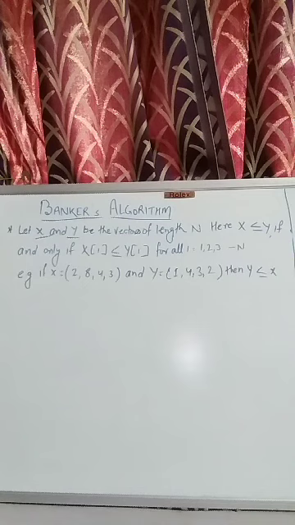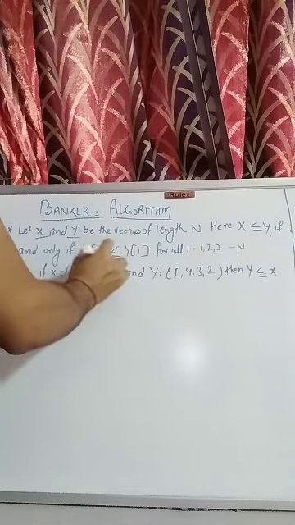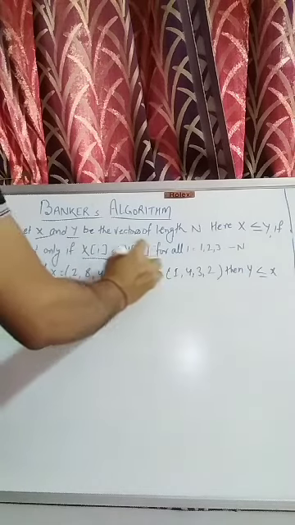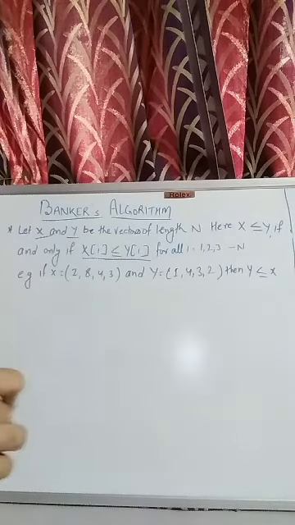Then x is less than or equal to y if and only if x of i is less than or equal to y of i for all i equals 1, 2 up to n.